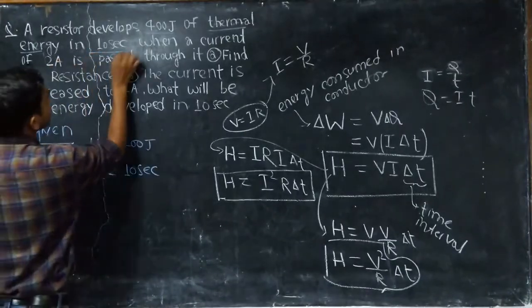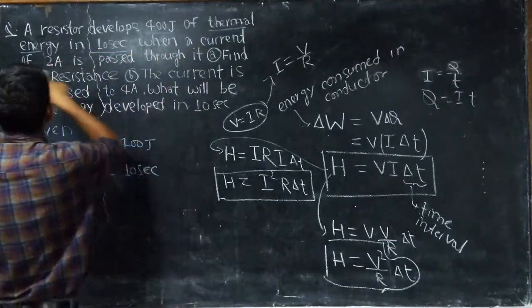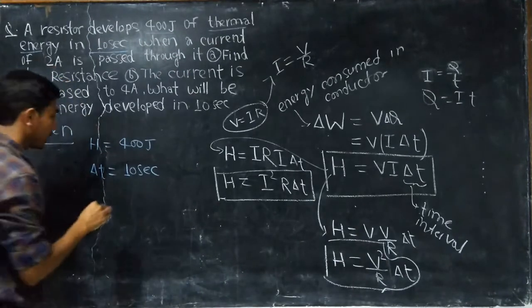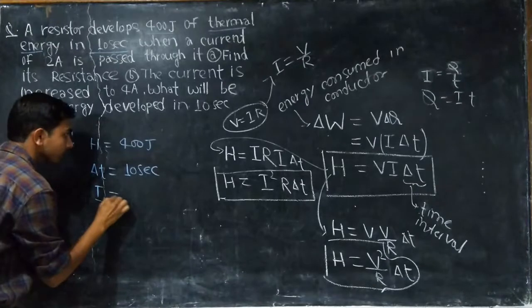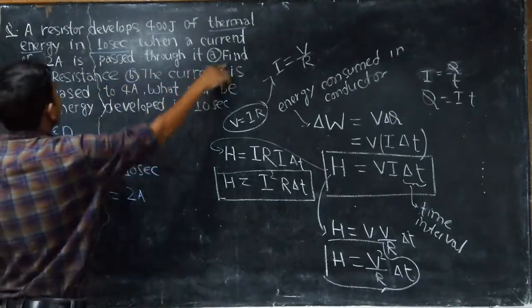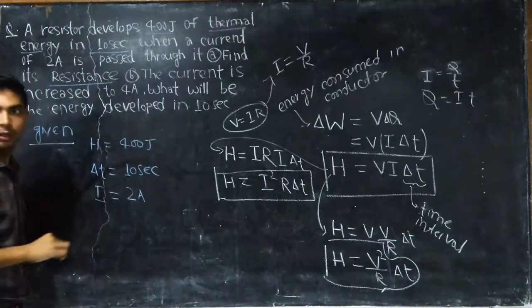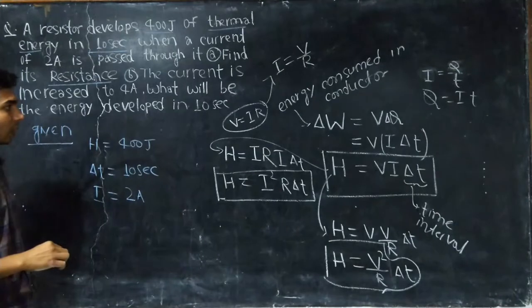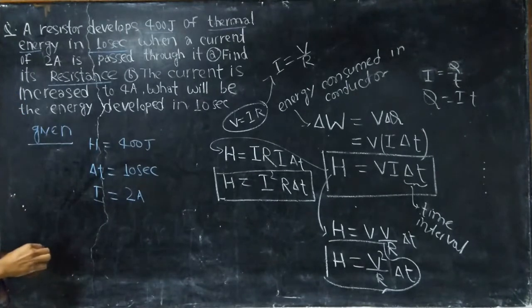You can see here, when a current of 2 ampere, so I is given 2 ampere, right? So what we have to find is resistance. The formula is known to you, right? So using that formula we are able to get the answer.